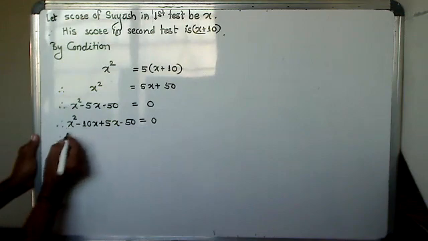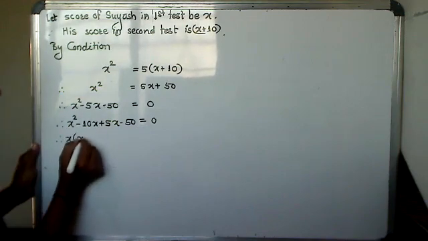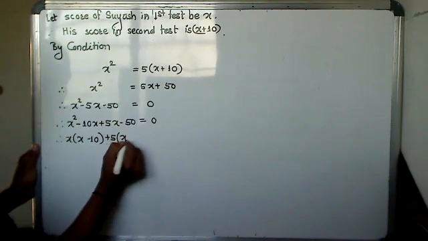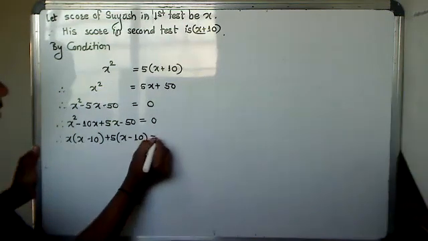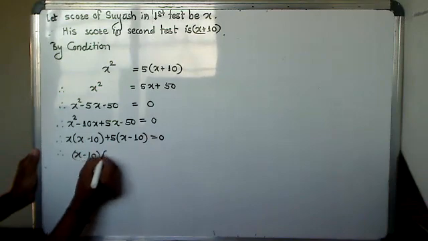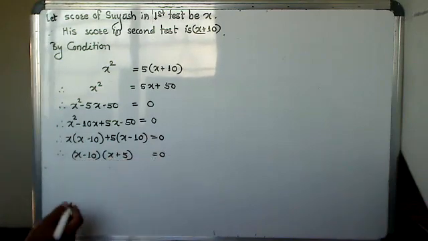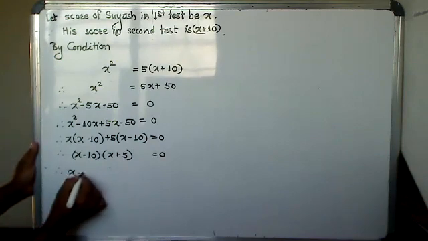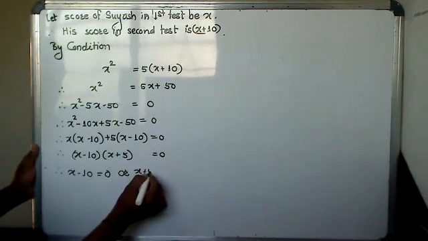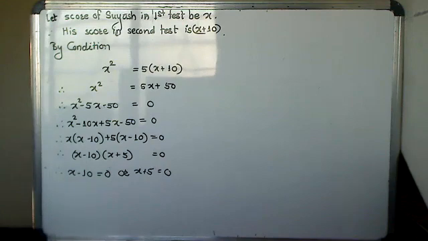Therefore, I can take a common x from the first two terms. So x in bracket x minus 10 plus 5 into x minus 10 is equal to 0. Therefore, x minus 10 into x plus 5 is equal to 0. So x minus 10 is equal to 0 or x plus 5 is equal to 0.